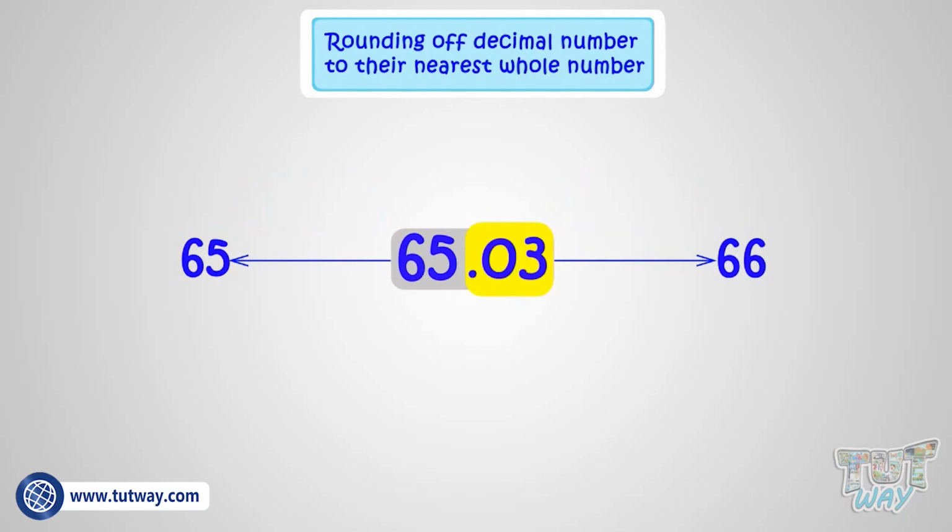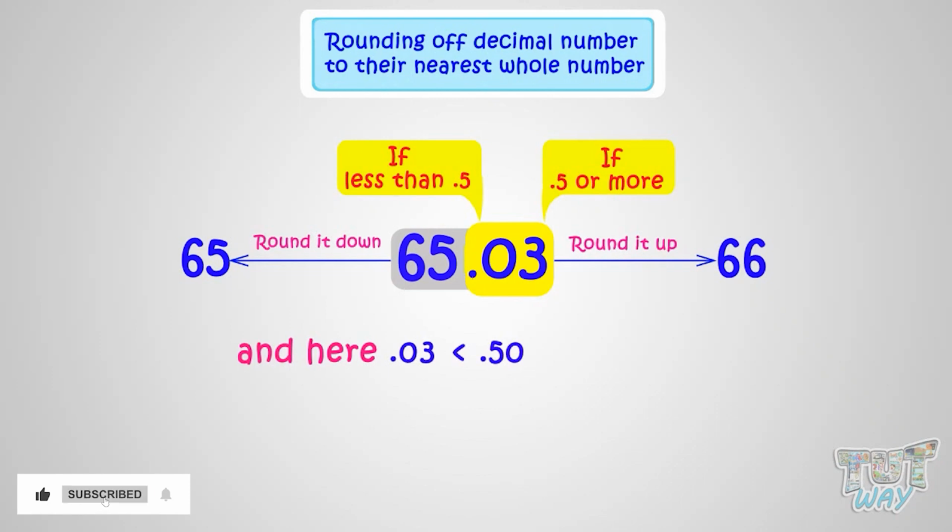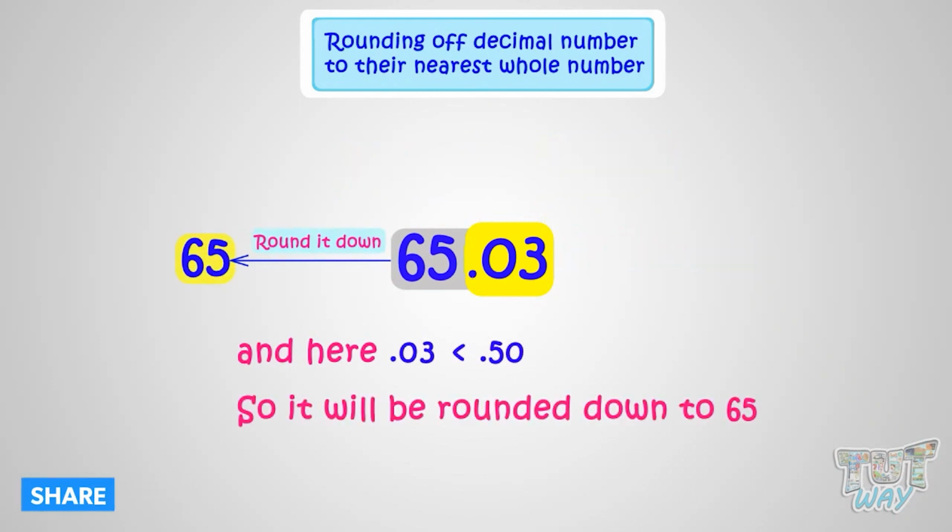For that, we have to see the decimal portion, which is 0.03. And if it's less than 0.5, it will be rounded down, and if 0.5 or more, round it up. 0.03 is less than 0.50. So the number will be rounded down to 65.